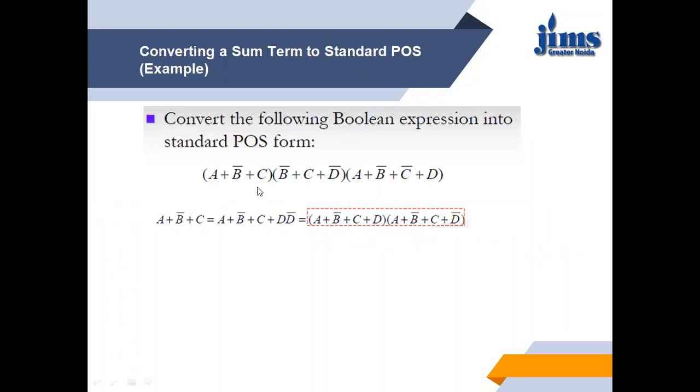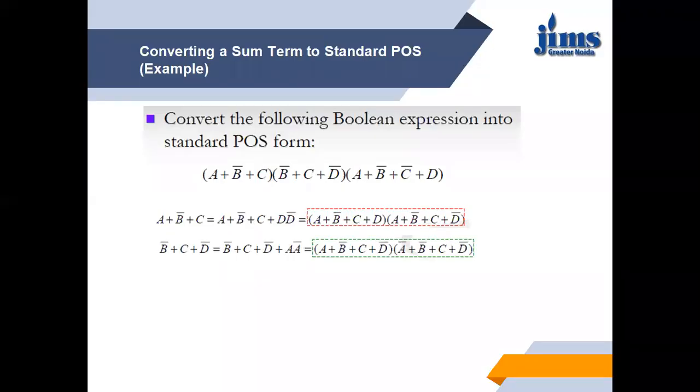Now this first expression in the standard form will be (A plus B bar plus C plus D) and (A plus B bar plus C plus D bar). Now the same will be done for the second term. The second term is missing the input variable A. So we have to write it like B bar plus C plus D bar plus 0, and 0 is nothing but A and A bar. Whichever term is missing, we have to put that term.